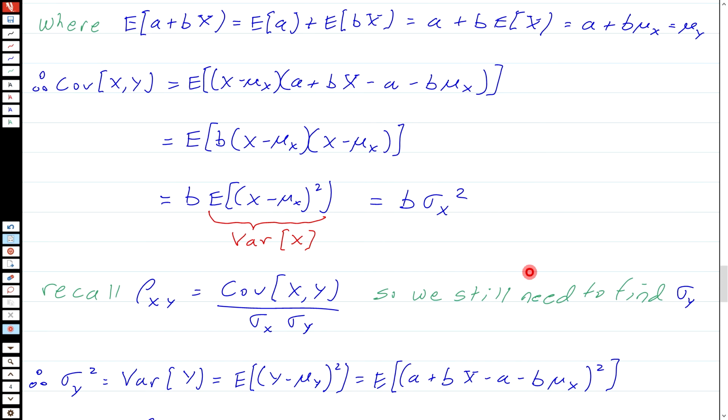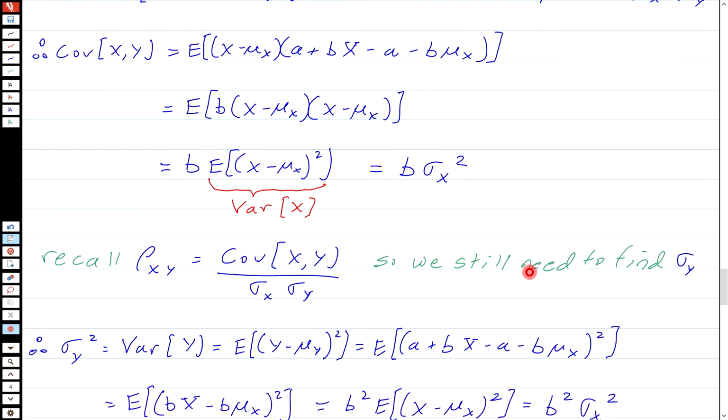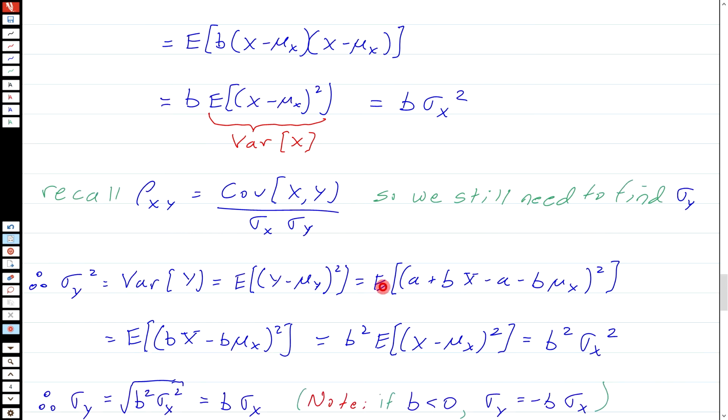Okay, to get the correlation coefficient, we divide our covariance, which we have already determined here, by sigma x times sigma y. So we still need to find sigma y. I'm assuming sigma x is known. Okay, the variance of y is the expected value of y minus its mean quantity squared. And we already saw that y is equal to a plus bx, and its mean is a plus b mu of x.